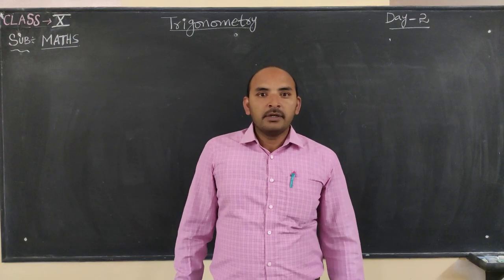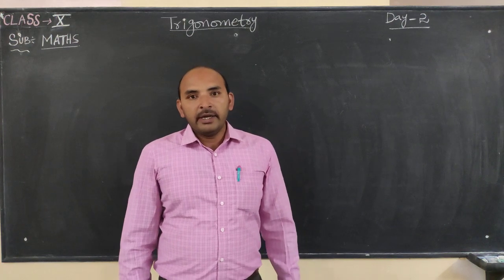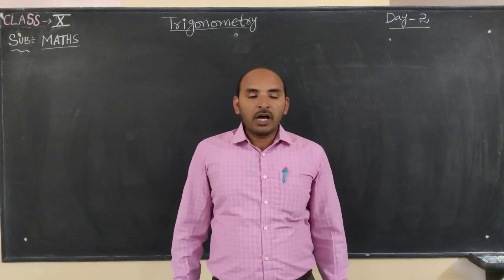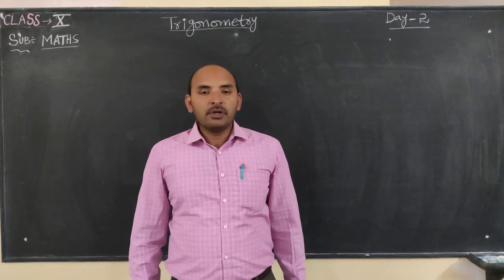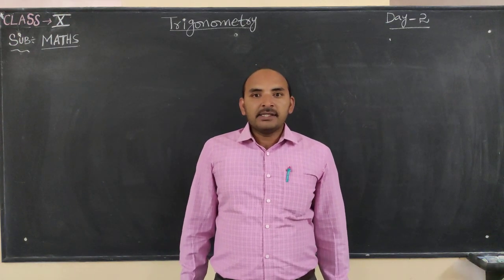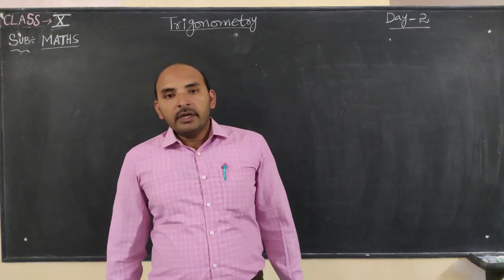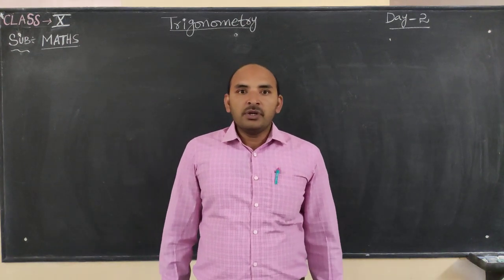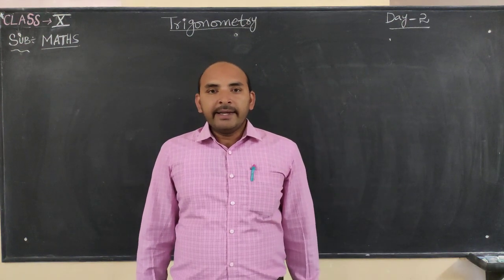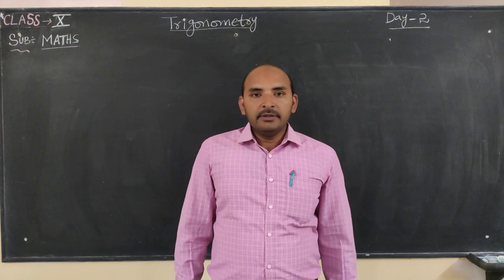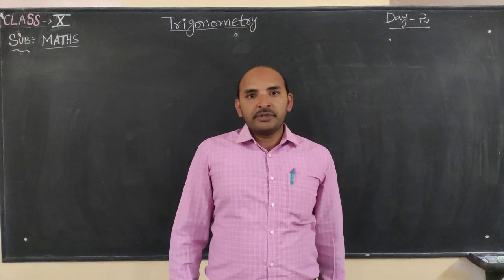Hi students, in the last class we discussed the trigonometry introduction part and also some formulas of trigonometric ratios. Now in this class we will discuss trigonometric ratios, why we are using a right angle triangle, and we will do some exercise problems.